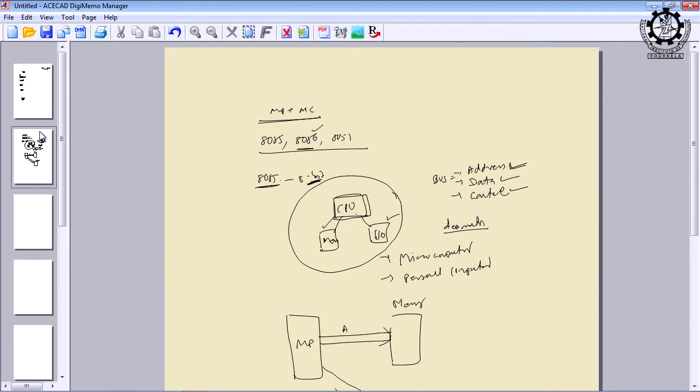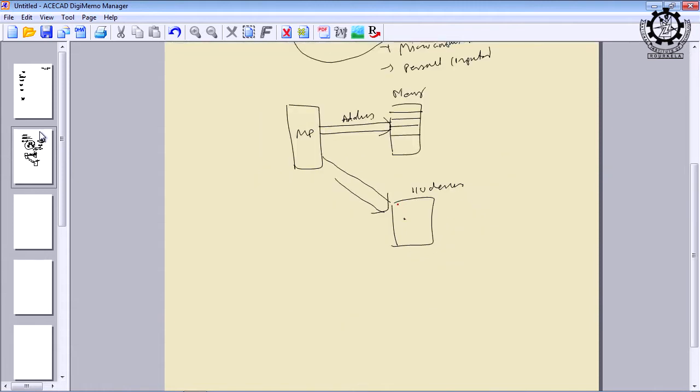And this address bus is used to locate a specific location in the memory if the communication is taking place between microprocessor and memory. And this same address bus you can use for an IO device also, if the microprocessor wants to identify a particular input device or output device.